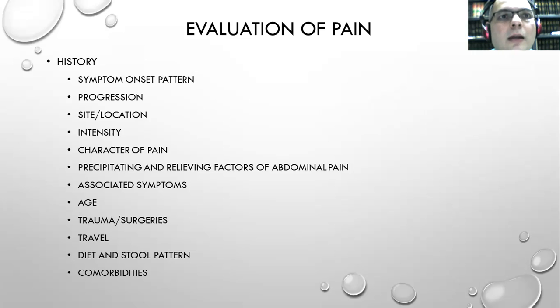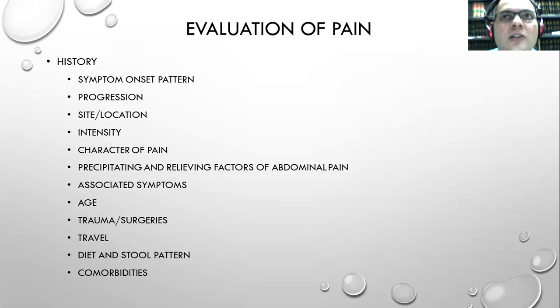We need to know exactly the name and age of the child, because some pathologies occur only at a specific age. Like if the child is 6 or 7 years old, then the chances of Meckel diverticulitis are much lower.